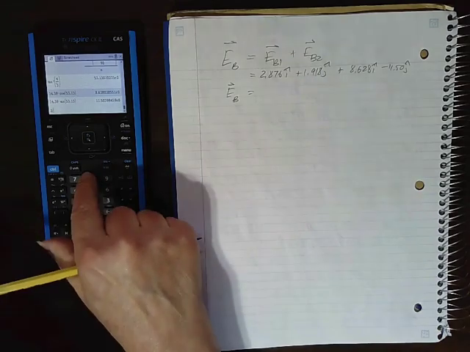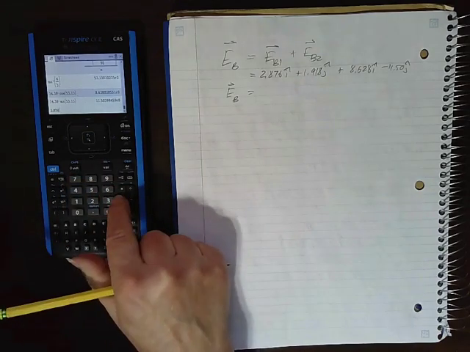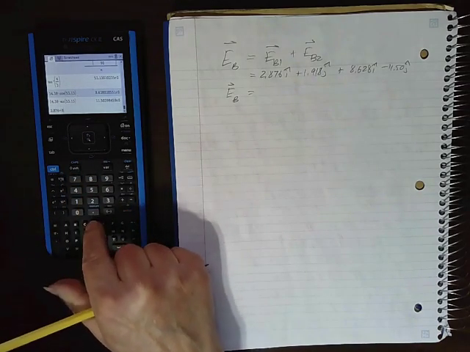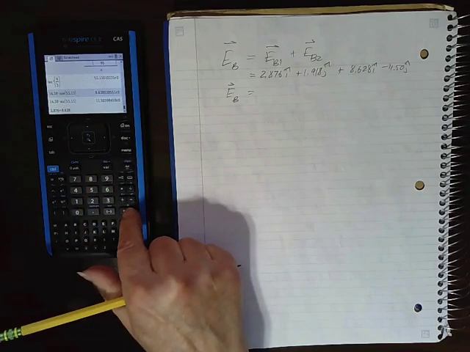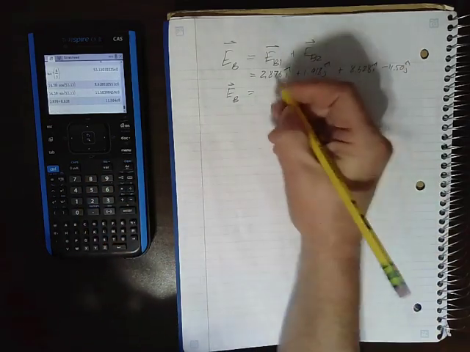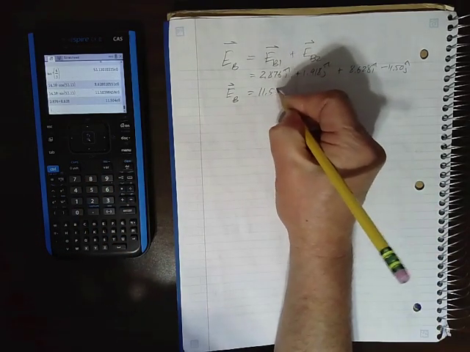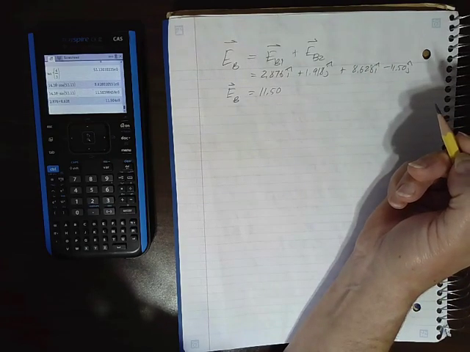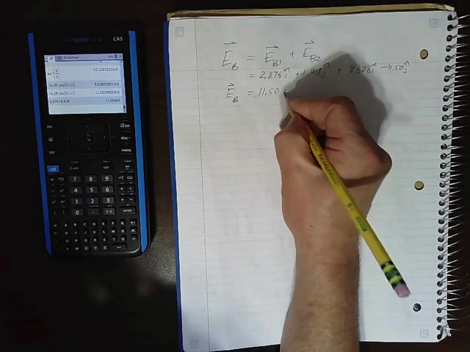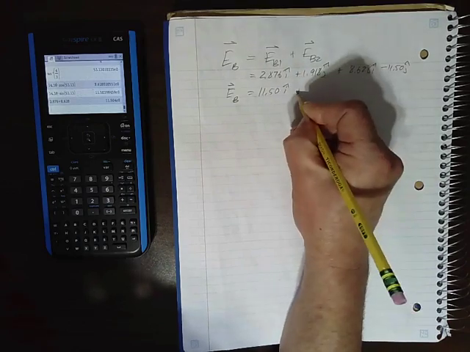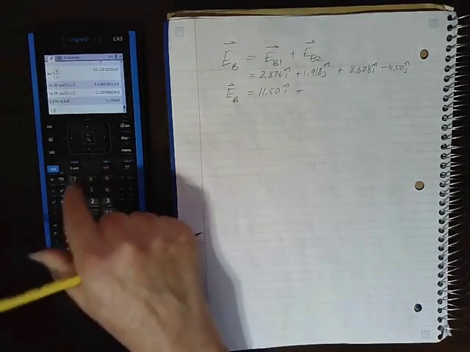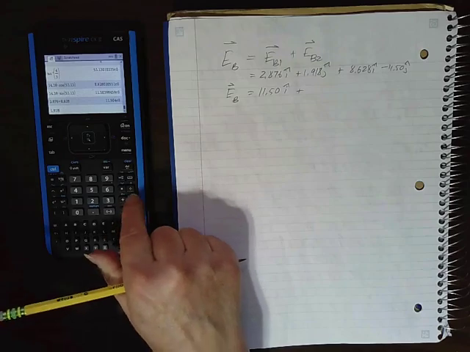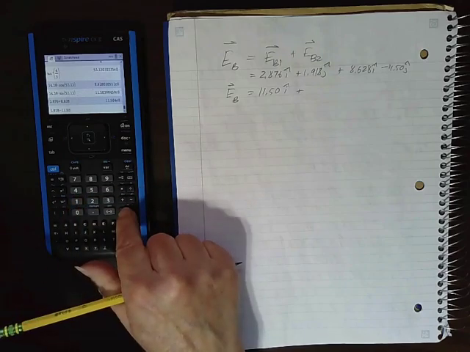So 2.876 plus 8.628, those are the two i parts, 11.50 i hat. And then the j's, 1.918 minus 11.50.